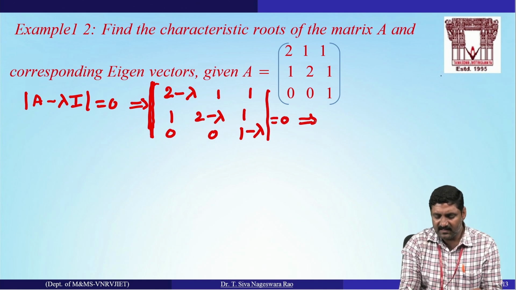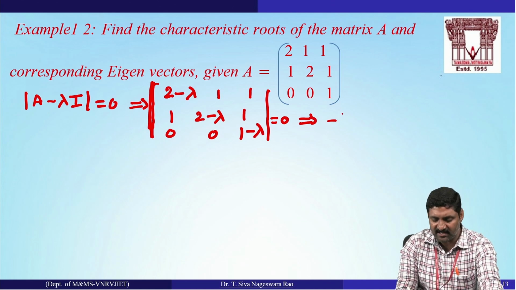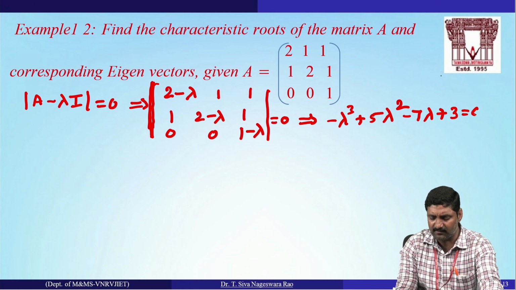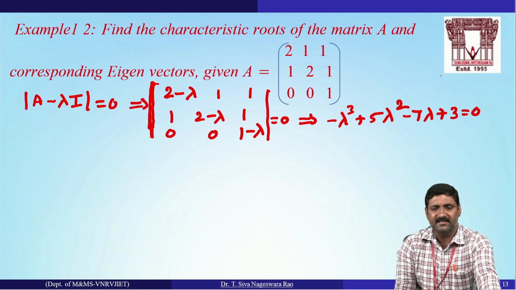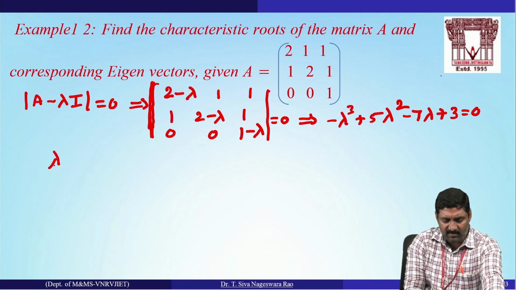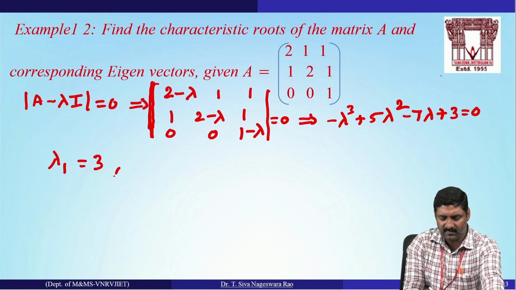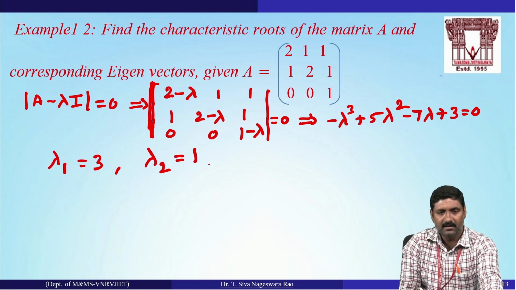We get the characteristic equation as minus lambda cube plus 5 lambda square minus 7 lambda plus 3 is equal to 0. The eigenvalues are lambda 1 is equal to 3, lambda 2 is equal to 1, lambda 3 is equal to 1.